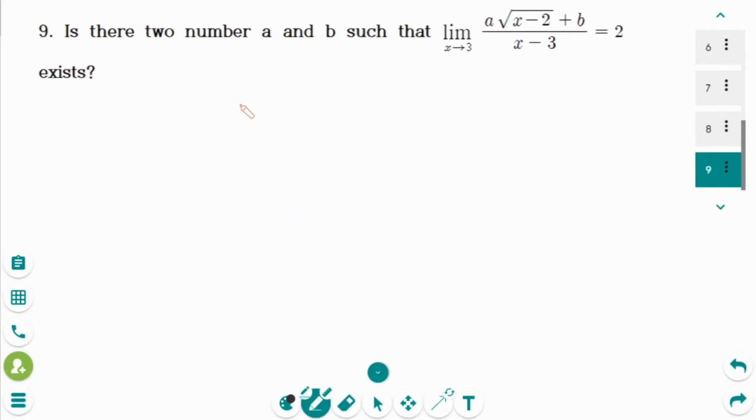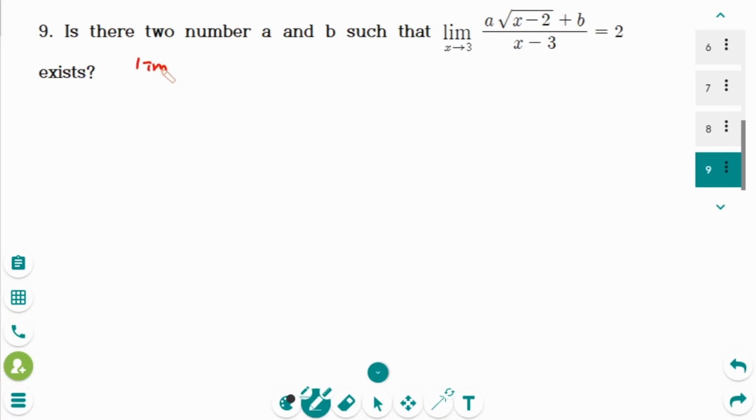This is the last question. When x approaches 3, the denominator equals 0. Since the answer of the limit is 2, the numerator must also equal 0 to create the 0 over 0 form. Let's set it up.